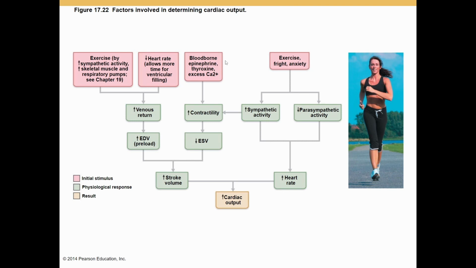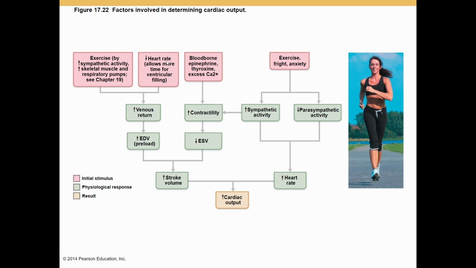Contractility can also be increased by the use of positive inotropic agents like epinephrine, thyroxine, and increased calcium influx. And that is going to bring down ESV, or end systolic volume, because increased contractility makes ventricular ejection more successful, leading to an increase in stroke volume, or the amount of blood leaving during ventricular ejection.